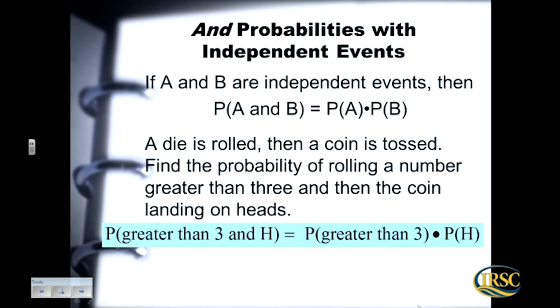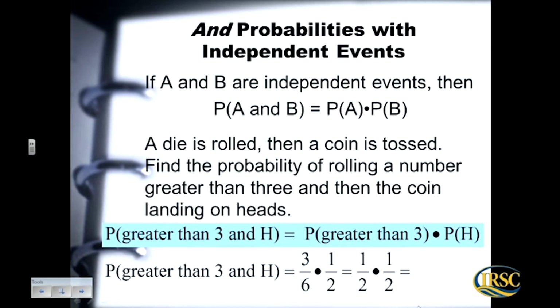So if you just roll a die, what's the probability that it'll be greater than 3? 3 out of 6. Okay, remember you're giving me a fraction, not just the numerator. So the probability of rolling a number greater than 3 is 3 out of 6. And then the probability of landing on heads is 1/2.